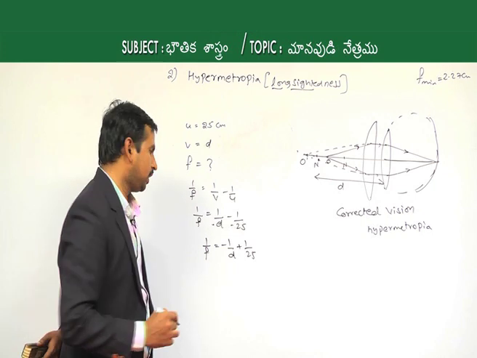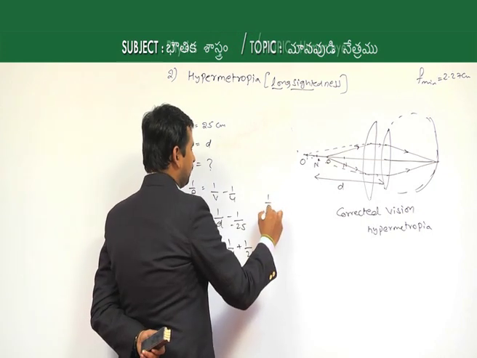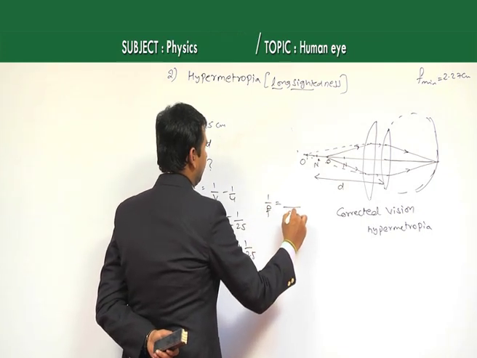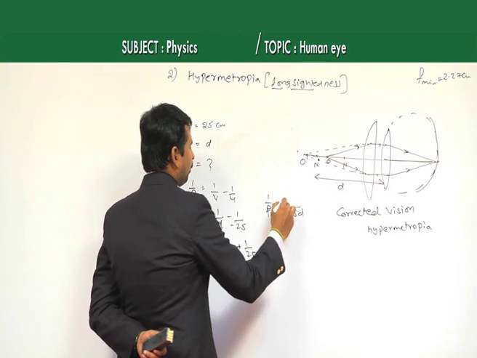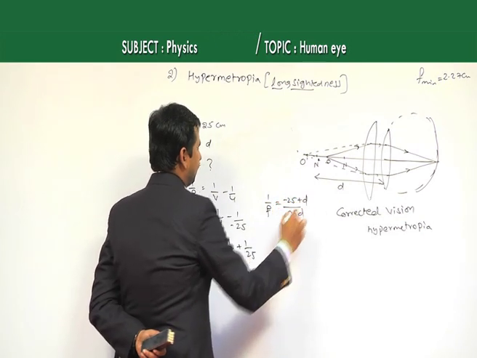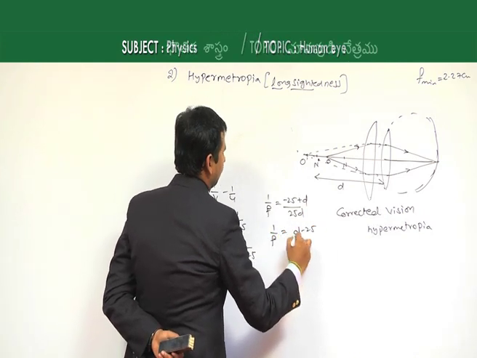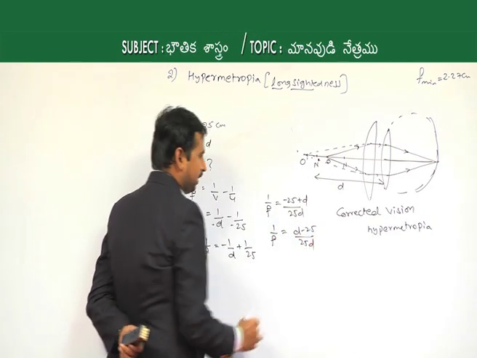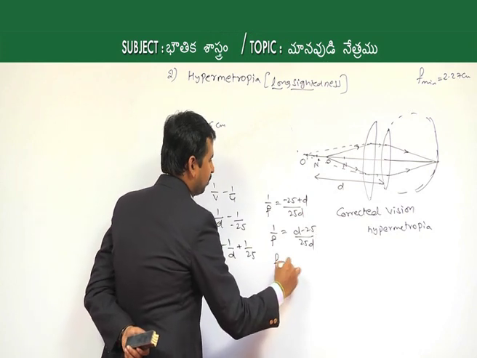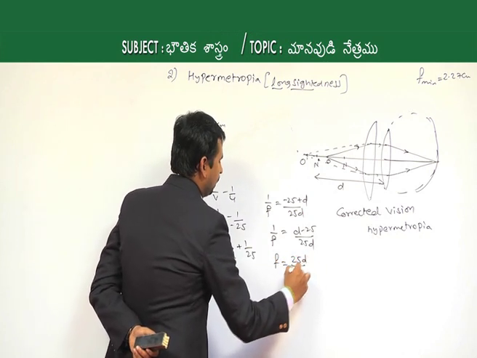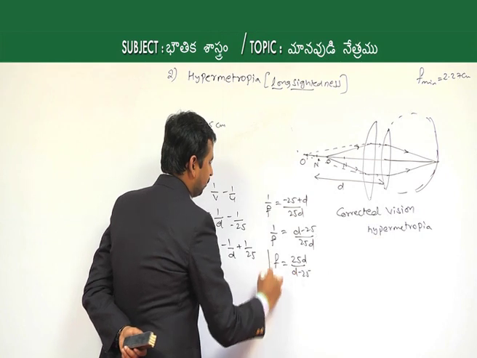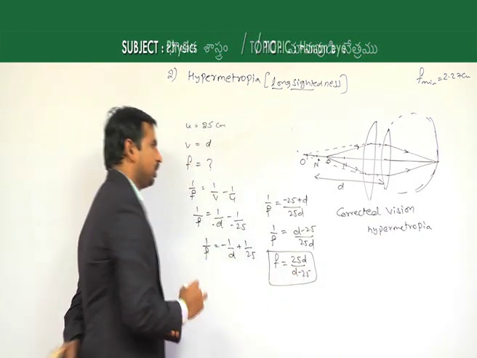If you take the LCM, then 1 by f is equal to minus 25 plus d over 25d. Then 1 by f is d minus 25 by 25d. Then finally f becomes 25d by d minus 25. This is the correction required.